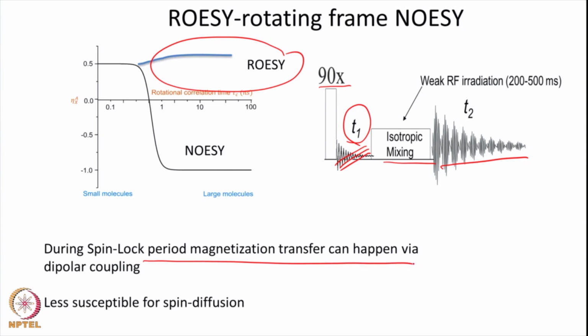And the good part of this ROESY experiment is that it is less susceptible to spin diffusion, therefore, we can achieve a longer transfer through dipolar coupling, and this is quite a bit used for identification of the distant protons that are connected through dipolar coupling in many of the spectra.